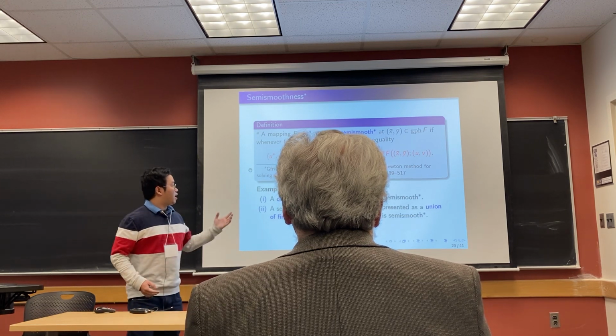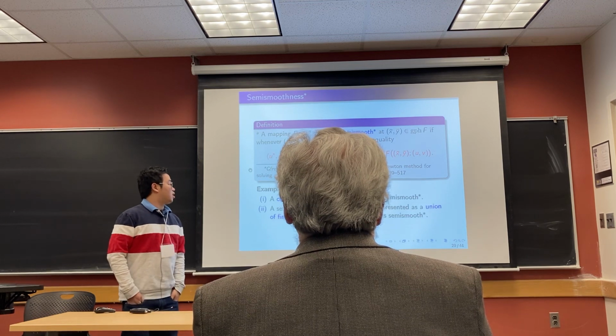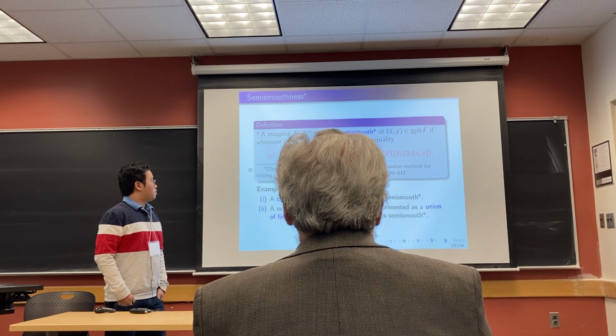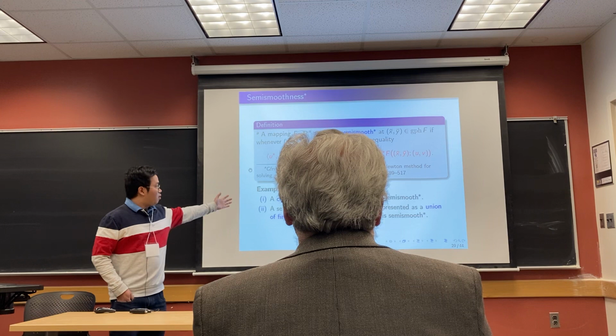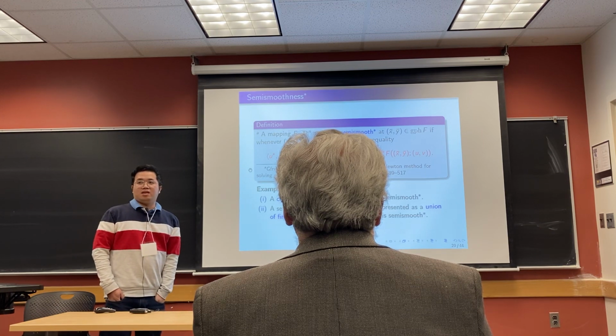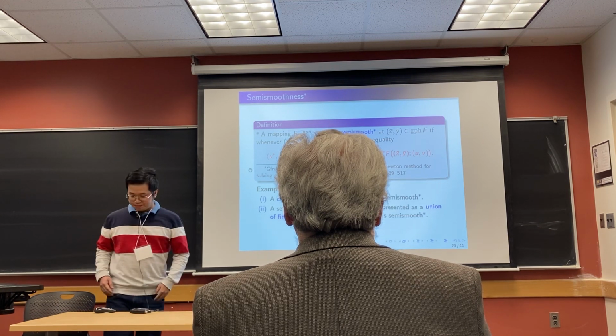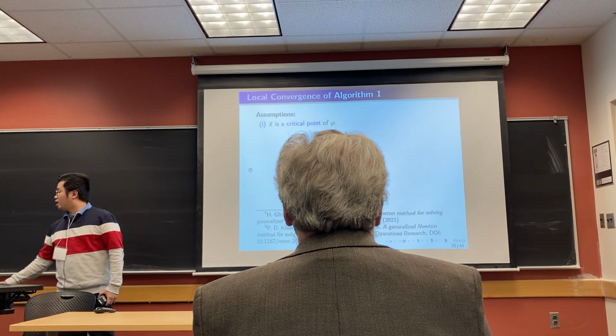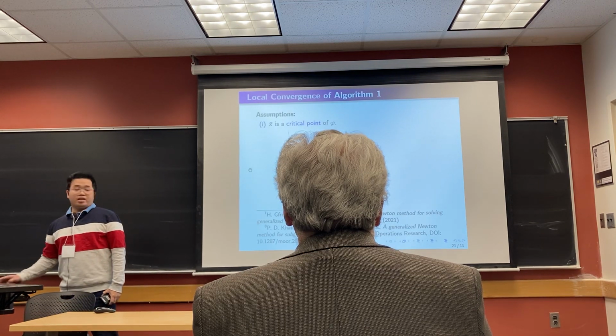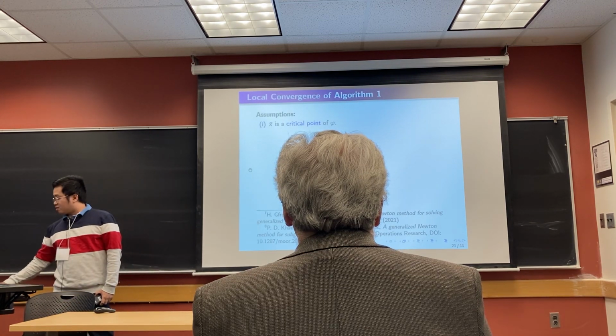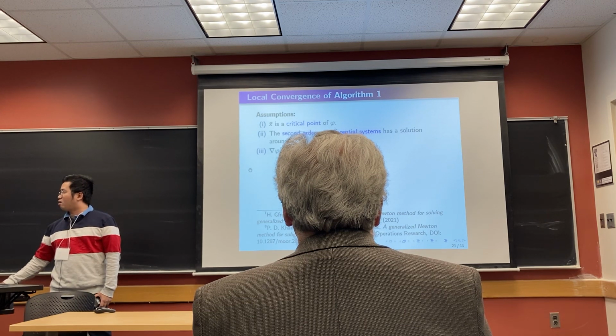It is defined in the paper of Gfrerer and Outrata in 2021. And here is an example of a semismooth* mapping. So under the semismooth* property, we can guarantee the local convergence of our algorithm.